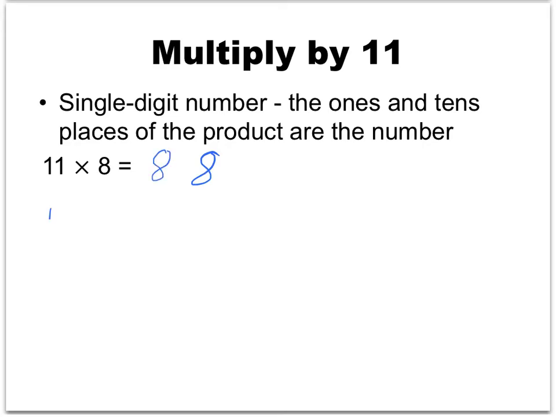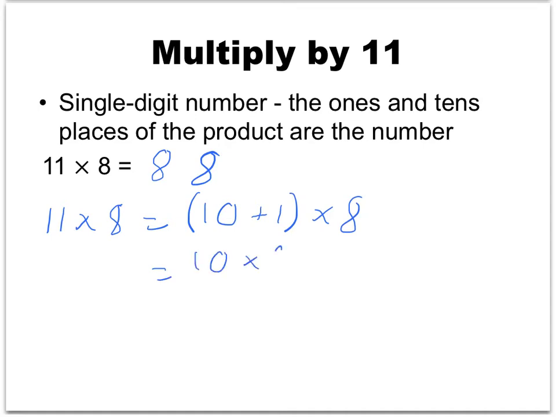So now why does this work? Well, let's take 11 times 8, and let's rewrite 11 as 10 plus 1, and then take that times 8. Now let's distribute to get 10 times 8 plus 1 times 8, and so again we're using the distributive property. So now 10 times 8 is 80. So when we do this multiplication, this 8 that was in the 1's digit is going to get moved over to the 10's digit, so we get 80.